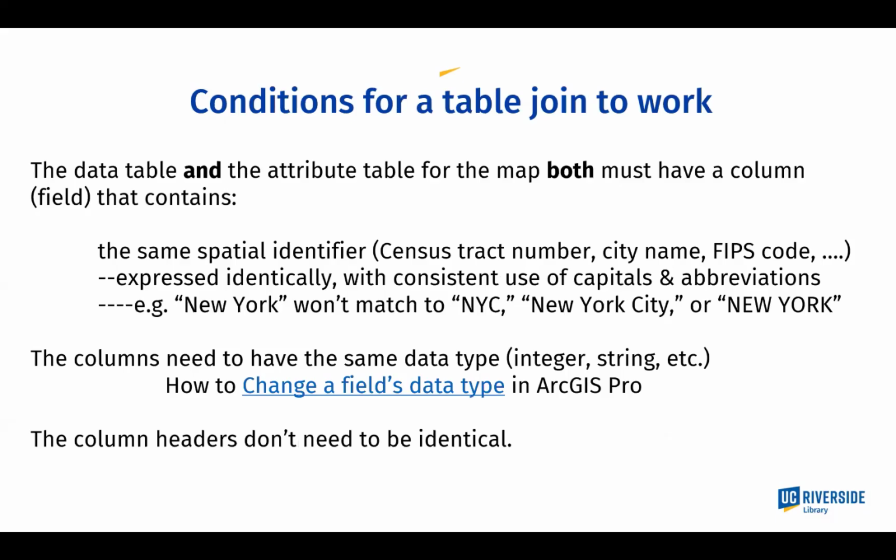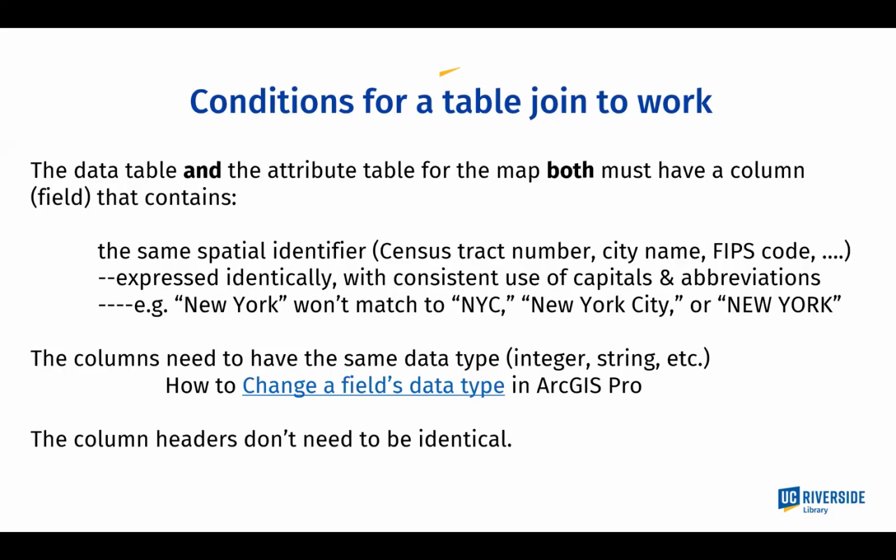A little bit repetitive again, but I just want to hammer this home. There are some conditions for a table join to work. The data table, like the CSV or whatever that you have, and the attribute table for the map must both have a column or a field, as they call it, that contains the same spatial identifier, whether it's a census tract number, a city name, or a FIPS code.